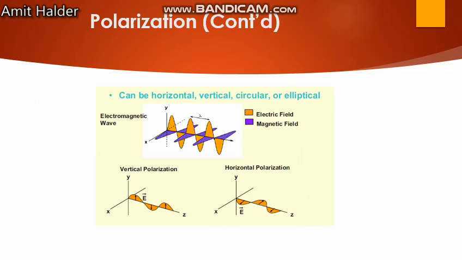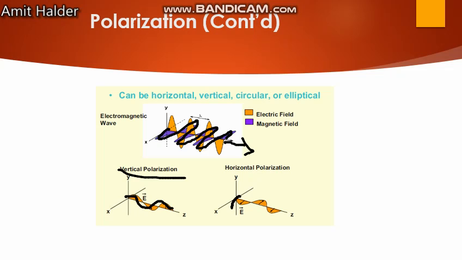Now that is the polarization, and you can get a better understanding here. There the plane goes through it, there is a yellow part, the electric field, and the direction of polarization is like that. If the electric field is at 90 degrees, perpendicular, that is vertical polarization.